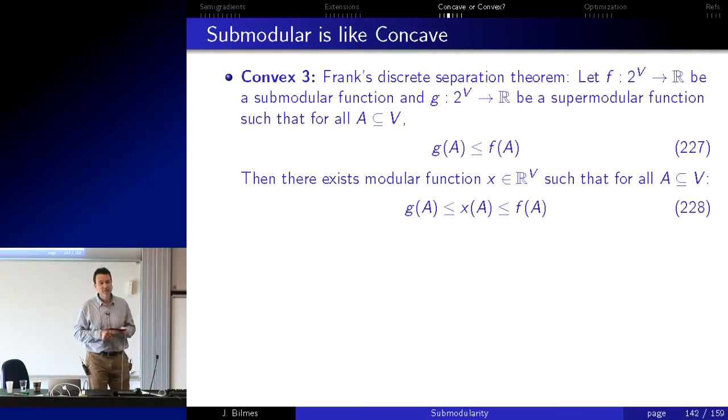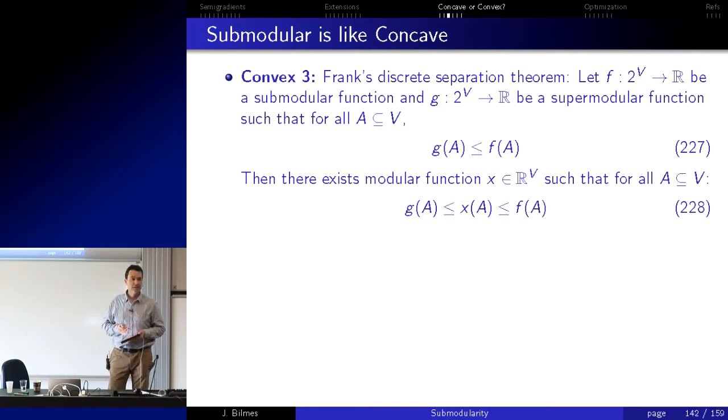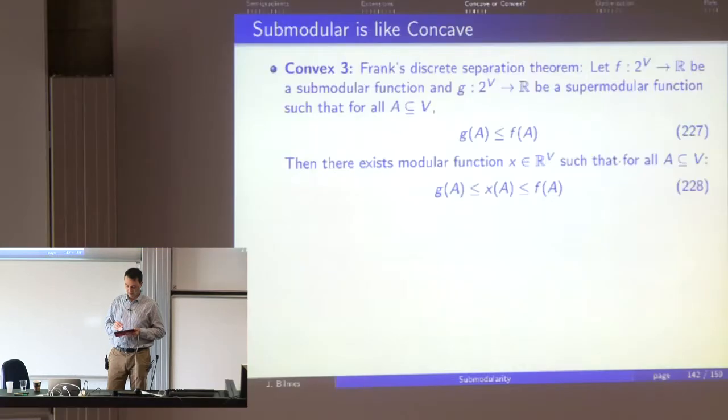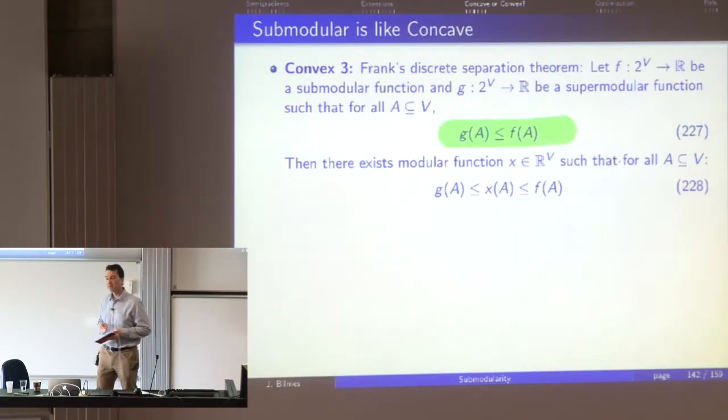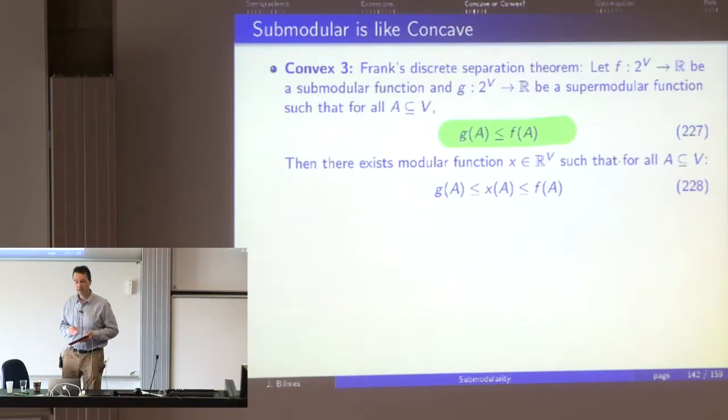There's also a separation theorem. There's Frank's discrete separation theorem that says the following. If f is a submodular function and g is a supermodular function, and you have this inequality, that g is always lower than or equal to f, then there exists a sandwich-like procedure. There's a modular function that lives in between the two.